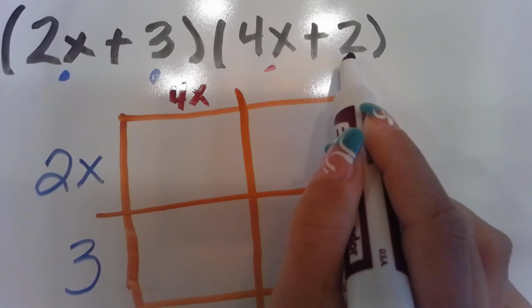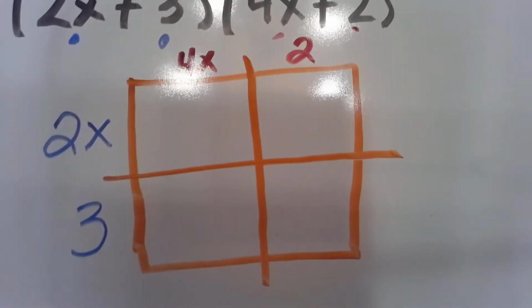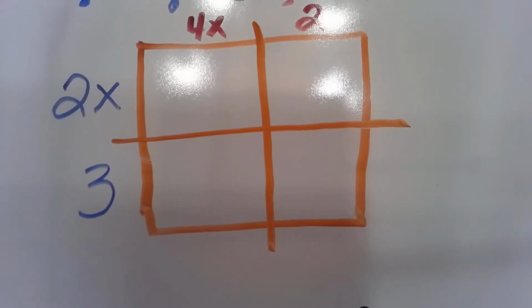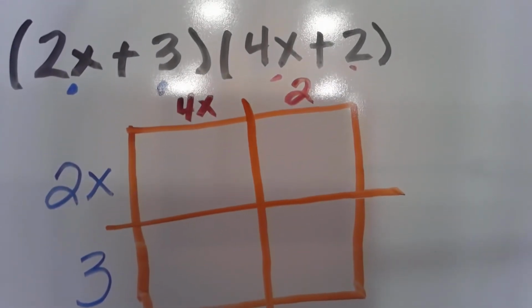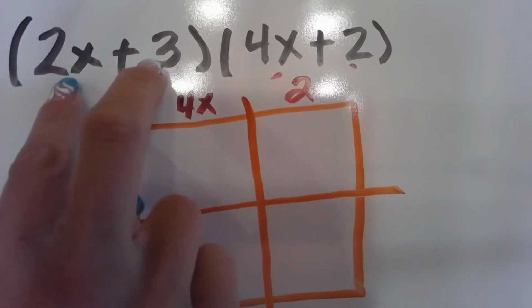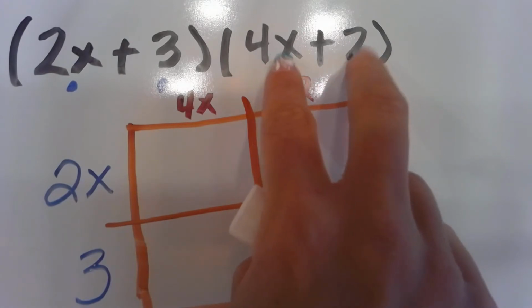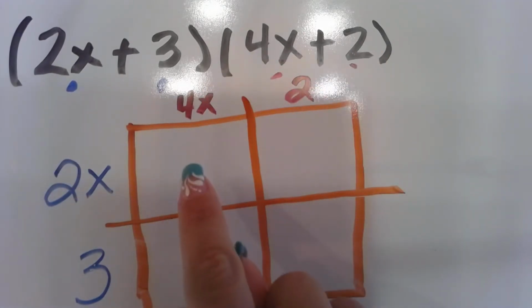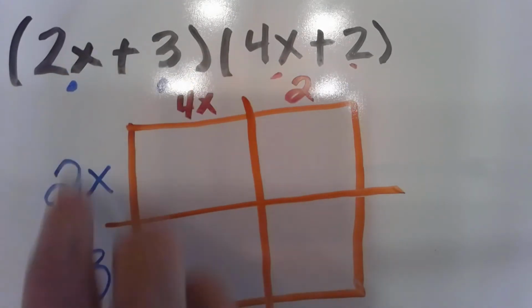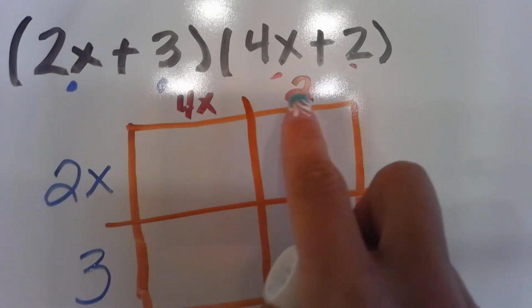And if I have my 2 right here, I'm going to write 2. So that's how we're setting up our box, is that we are taking these 2 and writing them here, and we're taking these 2 pieces and writing them here. So when we set up our box, we need to make sure we have enough room to write them this way and enough room to write them this way.